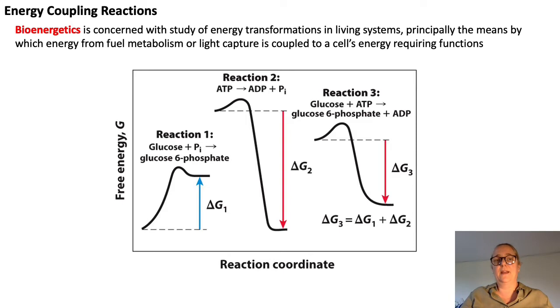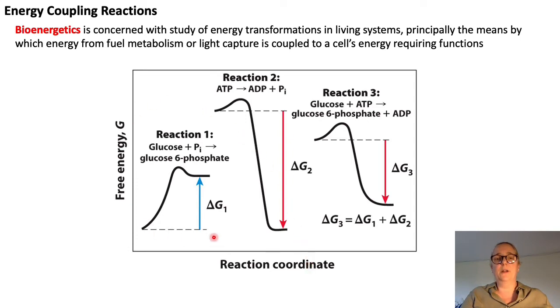Bioenergetics is concerned with the study of energy transformation in living systems. This means that the free energy from fuel metabolism or light is captured in a coupled system for the cell's energy-requiring functions. In the graph here, we have free energy denoted as G against the reaction coordinate.